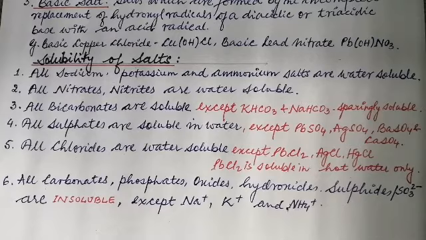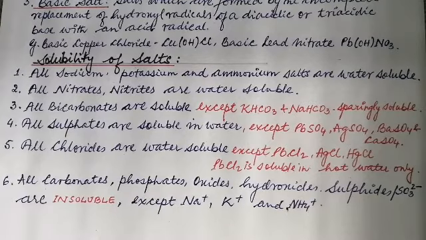Next is all sulfates are soluble in water except lead sulfate, silver sulfate, barium sulfate, and calcium sulfate. So these are the ones that are insoluble in water: lead, silver, barium, and calcium sulfate. Now let us move on to number 5, chlorides.